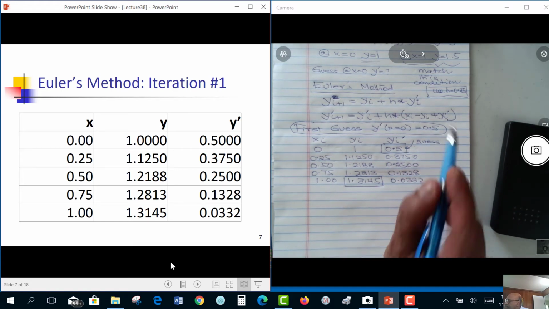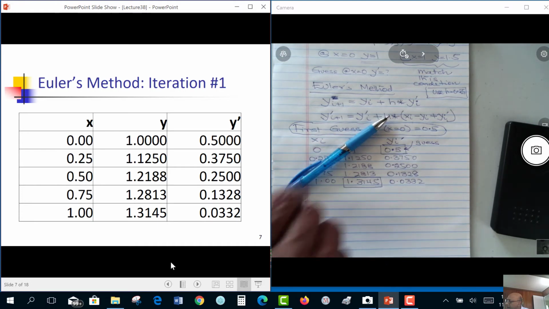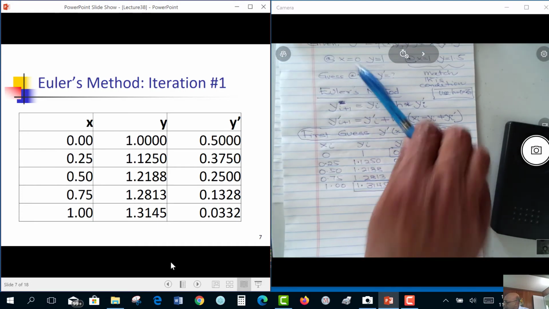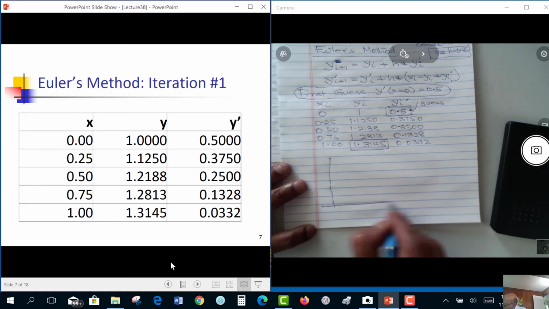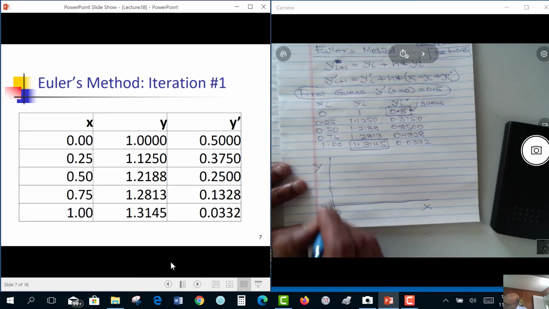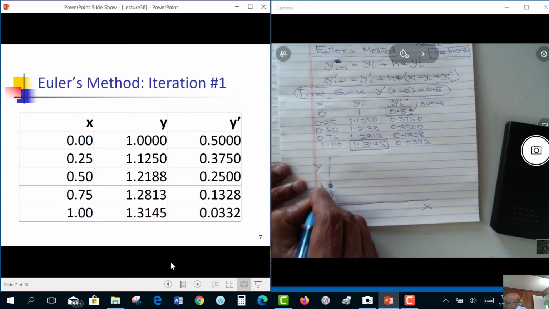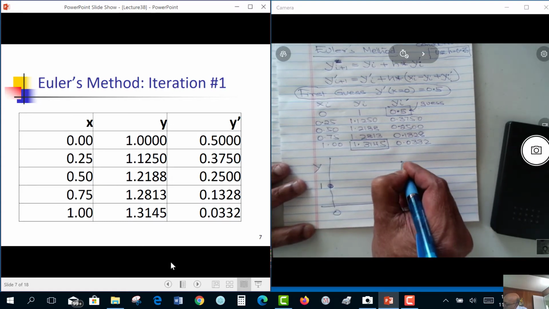So obviously our slope, think of the slope as a gun that we are shooting. Think of this: this is x, this is y. At x is equal to 0, y is 1. At x is equal to 1, this is our target.